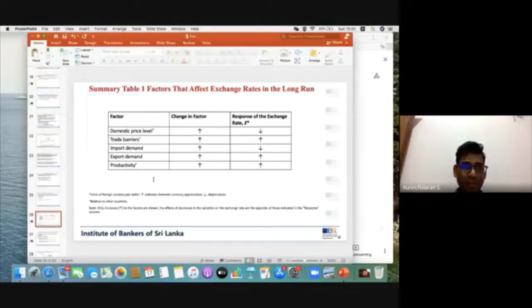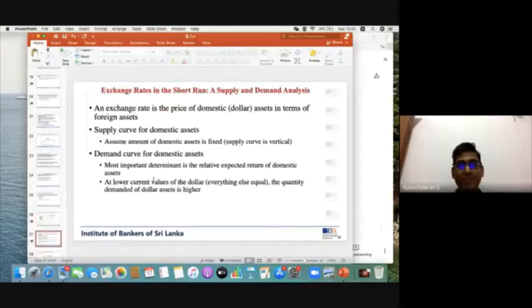Next, we will look into the exchange rate movement in the short run. We discussed the long run earlier. Now we are going to discuss the short run. So we'll have a 15 minute break and start at 3:15.